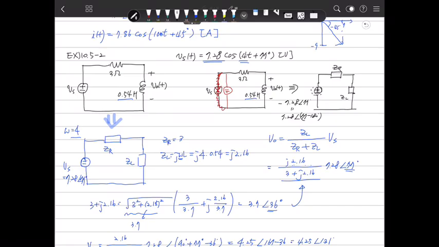You can change the phase angle of a source in this manner, and the answer will be different. Anyway, this example is in the textbook, and I gave you the simple problem. But if you change the circuit like that, you need to change the phase angle in this way.